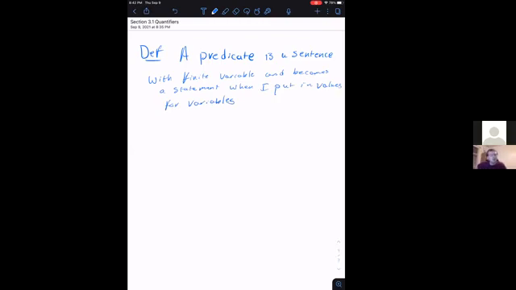Just like when we talk about functions, how functions have a domain and the domain is the set of things we're allowed to plug in, the same is true here, and we still call it domain. So the domain of my predicate variables is the set of values I can plug in.